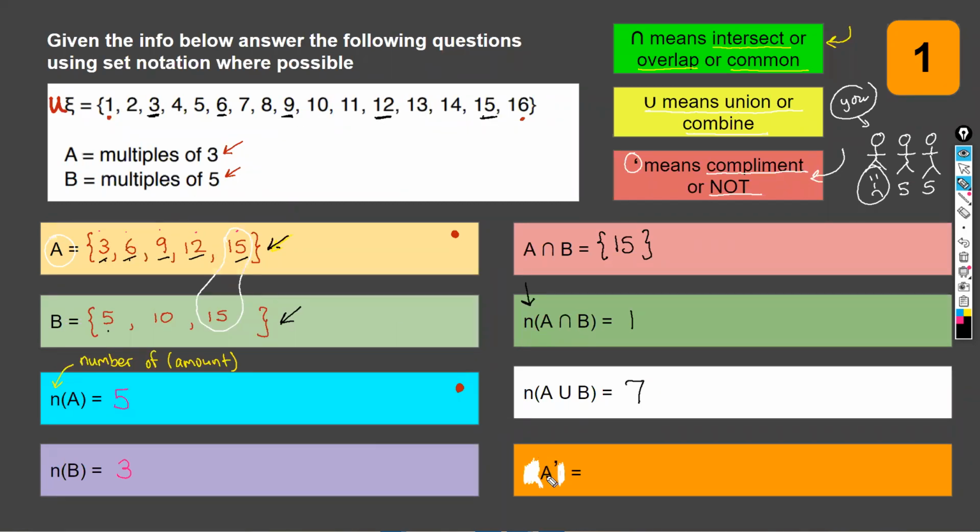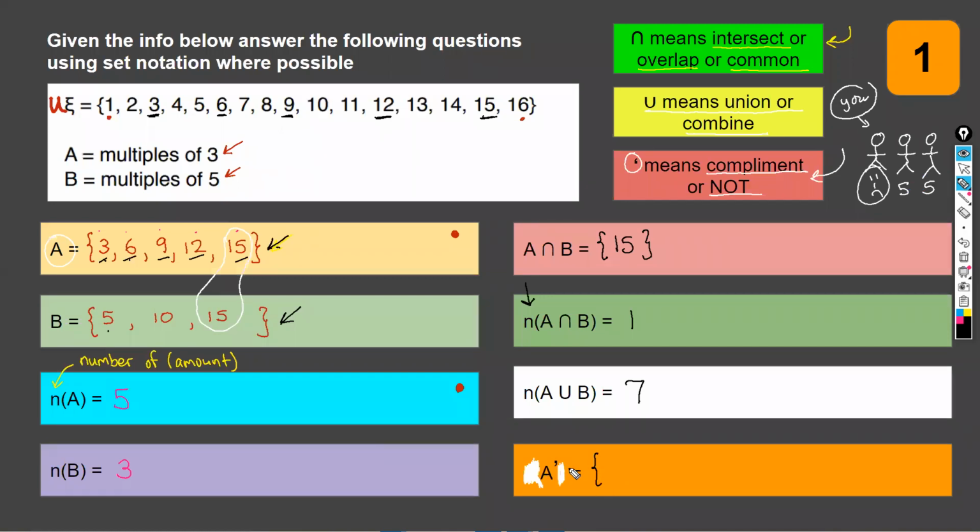So if I come and say complement A, I mean everybody else except for these values. So who would be those values? 1, 2, 4, 5, 7, 8, 10, 11, 13, 14, and what? 16. Everyone understands that?